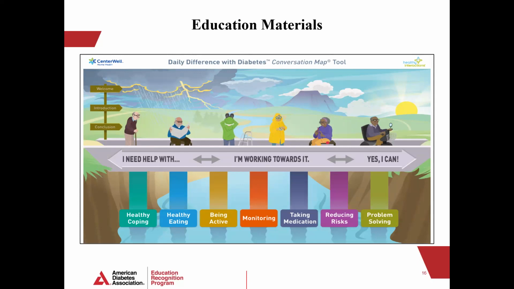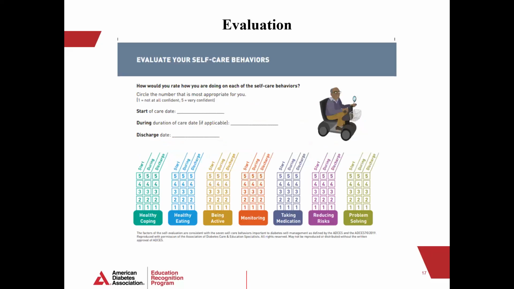And it's using the 7 self-care behaviors of healthy coping, healthy eating, being active, monitoring, taking medications, reducing risk, and problem solving. An example of evaluating patients' confidence in their ability to manage their diabetes, where we ask at the start of care, during, and discharge on a scale of 1 to 5, what is your confidence level in healthy eating or being active, monitoring, and so on.